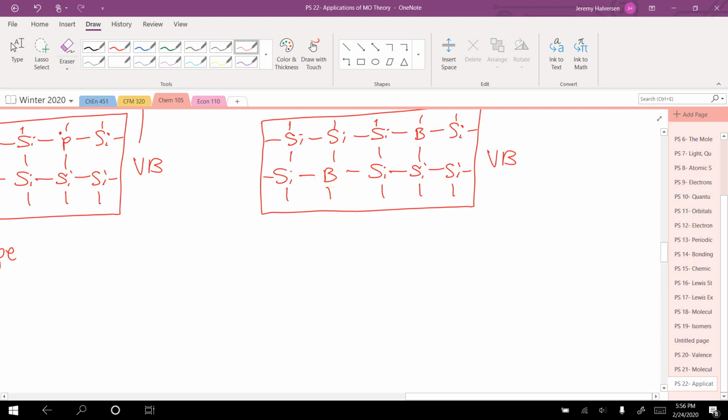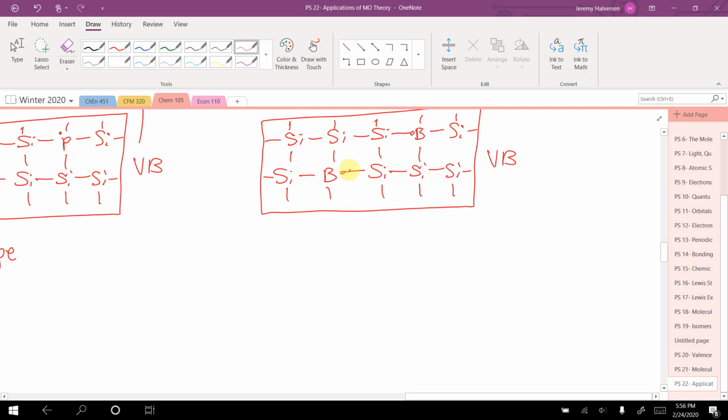How many valence electrons does boron have? It has 3. So it can't totally fit in this lattice. So the way I'm representing that is it's fitting in this lattice, except it has holes where it should have electrons participating in the lattice, but it doesn't.